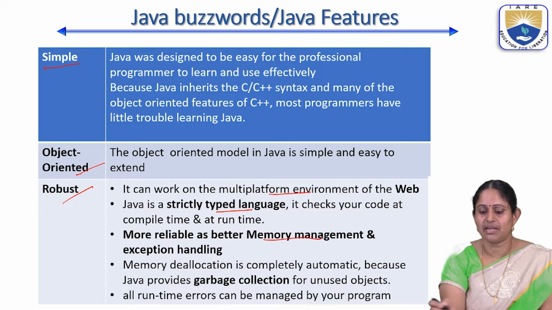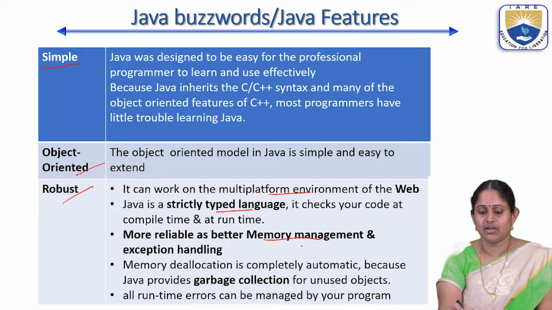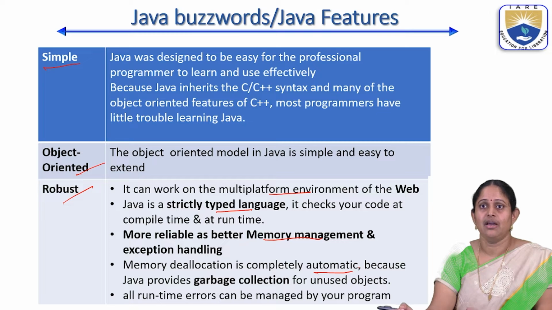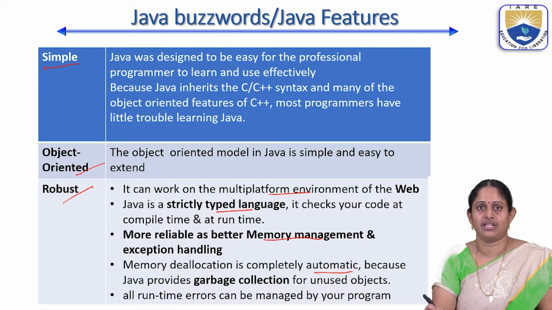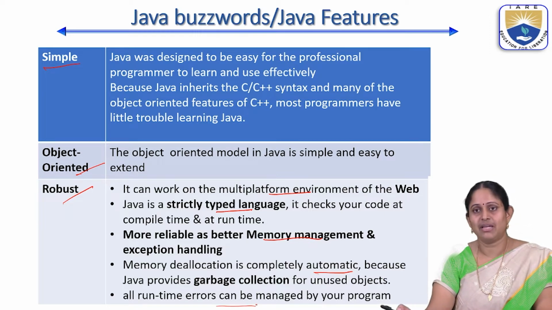Then it has better memory management and exception handling, because it has automatic memory deallocation, which is achieved using garbage collection, and that is completely automatic. As in C++, the programmer has to write the code for memory deallocation. In Java, this memory deallocation is completely automatic, and also you can handle runtime errors of your program so that the flow of the program is not interrupted.